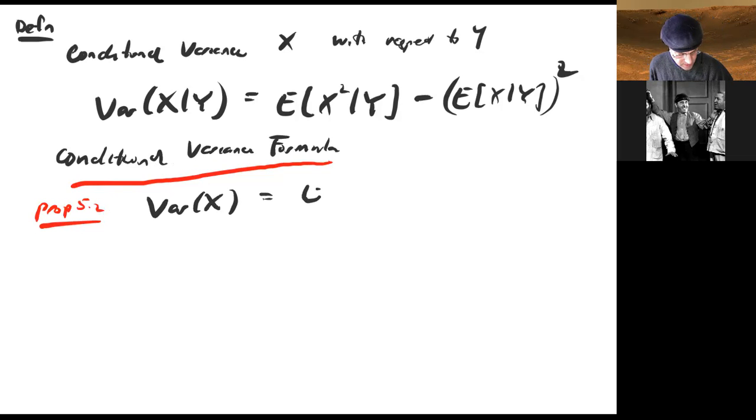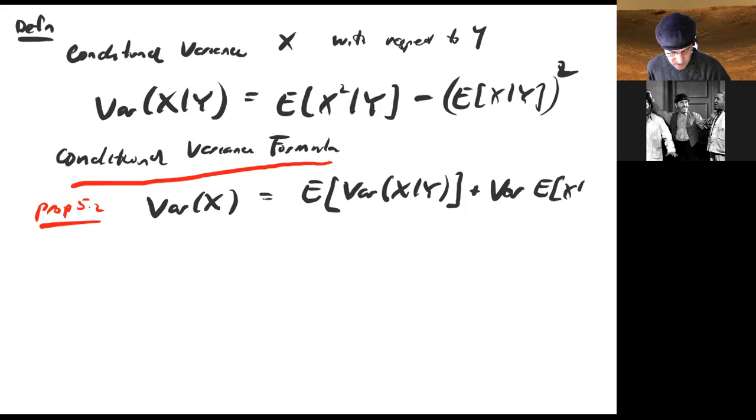I take the expected value of the variance of X conditioned to Y, which is a random variable, and I add to it the variance of the expected value of X conditioned to Y. So in the first summand of the right-hand side, I have the expectation after the variance, and in the second term the expectation is on the inside and the variance is on the outside.